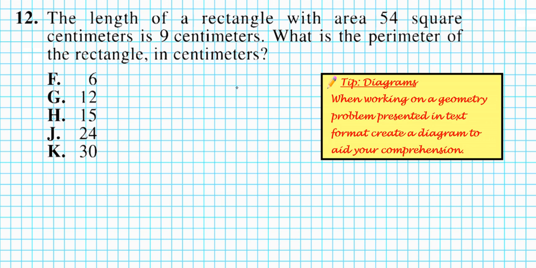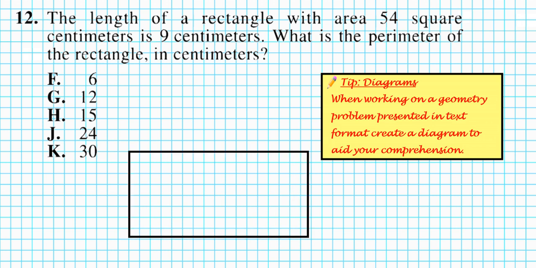In this problem we're dealing with a rectangle, so what is the smart first move? To draw a rectangle. So draw your rectangle and then use the information provided to populate the dimensions.